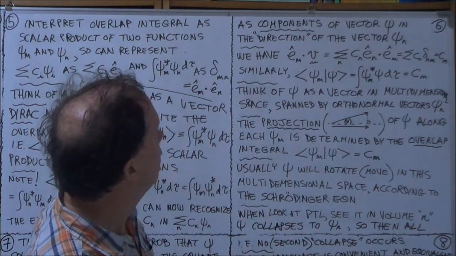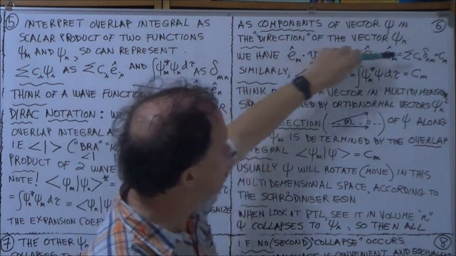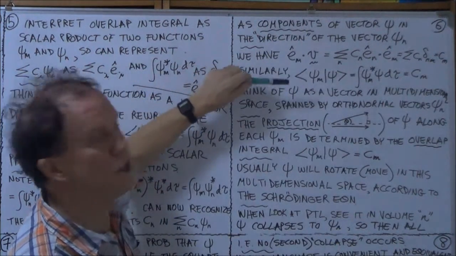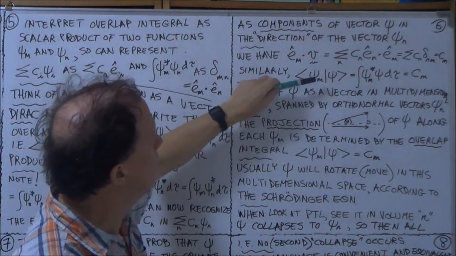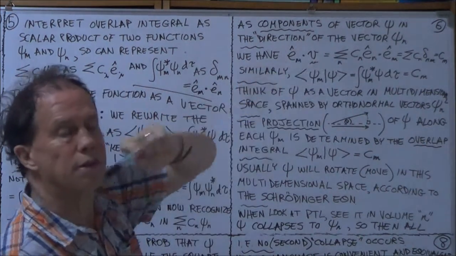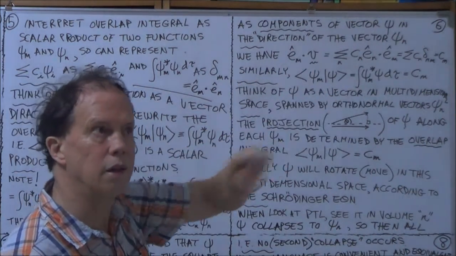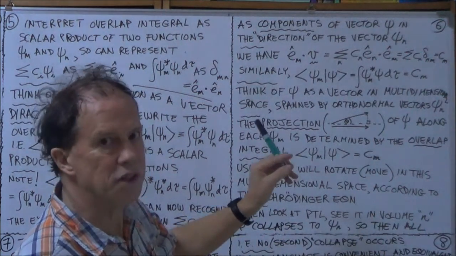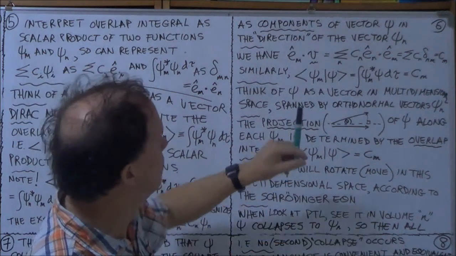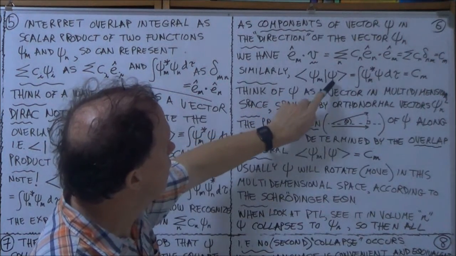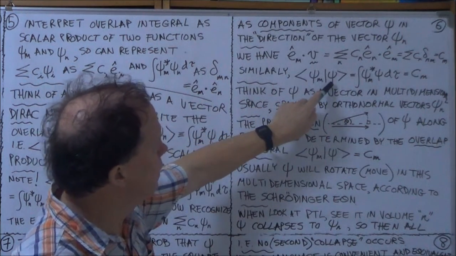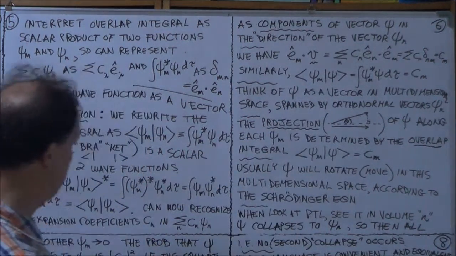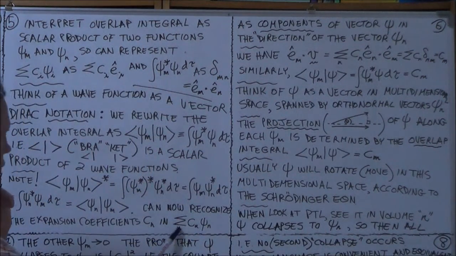Now that's just ordinary vectors in vector language. By analogy, we can do something similar with wave functions, because we're linking, translating wave functions and vectors. So here is your psi, your general superposed wave function of this form.